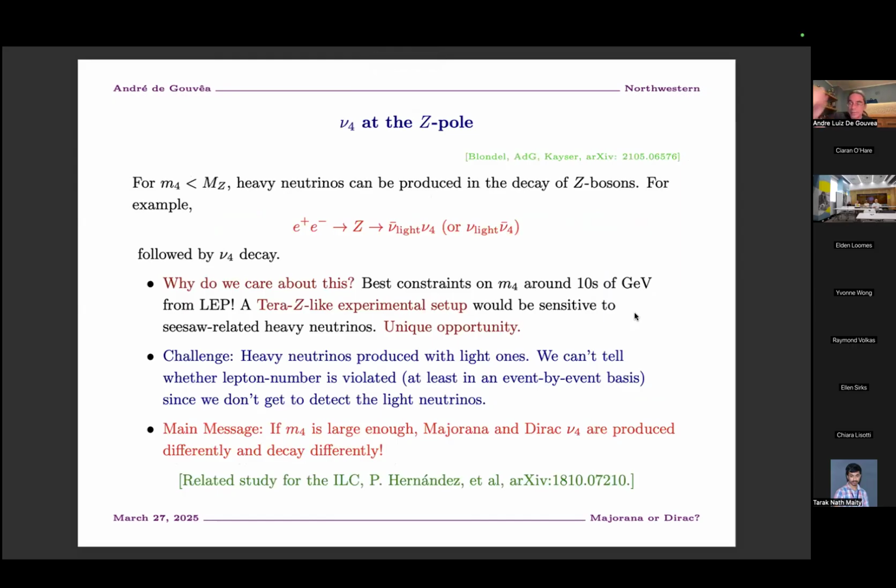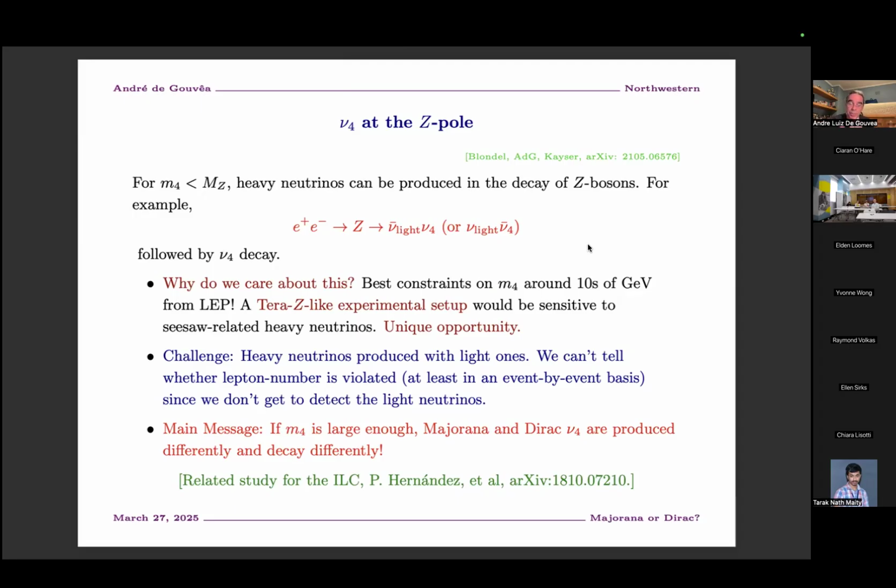And the last thing I want to say, just a couple of words about, is that a great place to look for neutral heavy leptons is e+ e- collisions at the Z pole. If you have a neutral heavy lepton that weighs about 10, 20, or 30 GeV, the best bounds on the existence of this particle actually come from LEP.